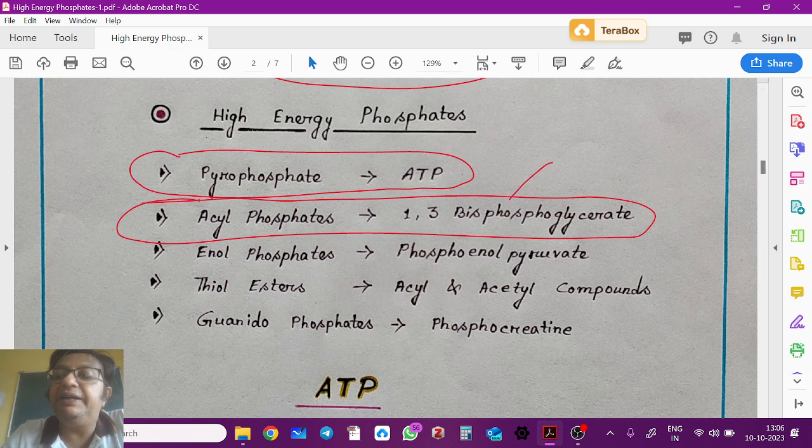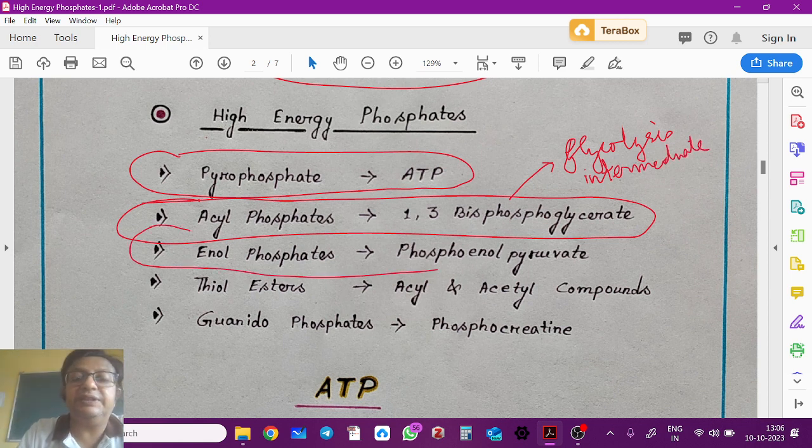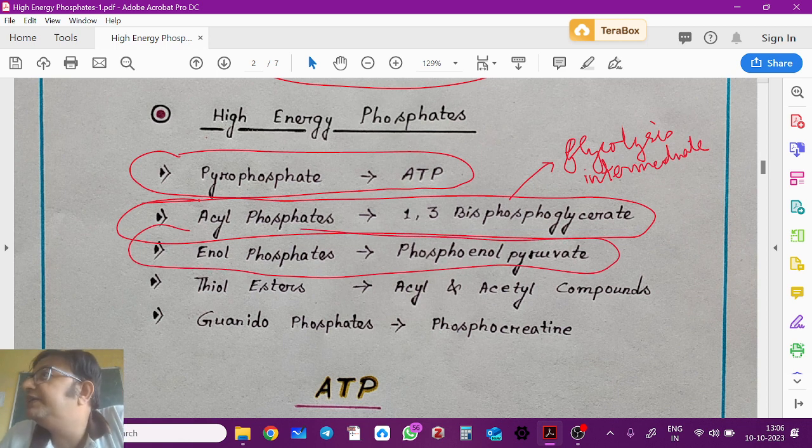This is an intermediate of glycolysis. Then you have enol phosphates, also an intermediate, phosphoenolpyruvate. It is also an intermediate of glycolysis.